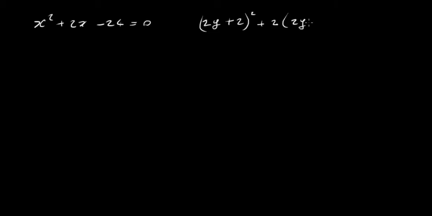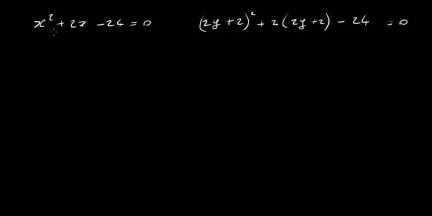We'll take x squared plus 2x minus 24 equal to 0, and over here we'll take (2y plus 2) squared plus twice (2y plus 2), and then we'll take a minus 24 here equal to 0.